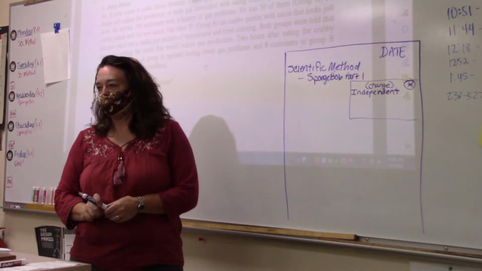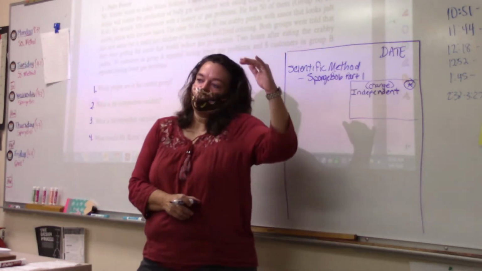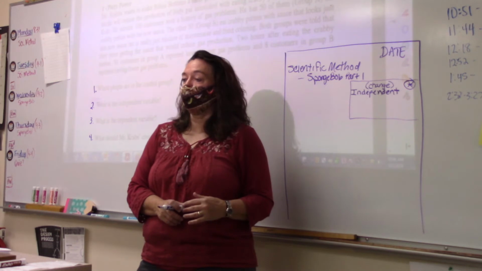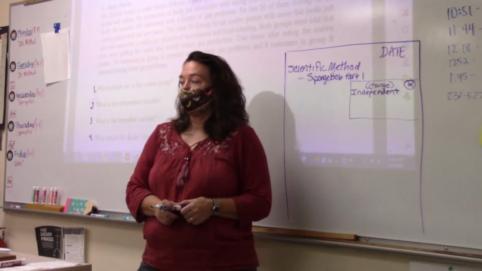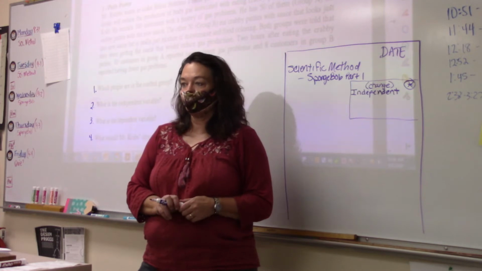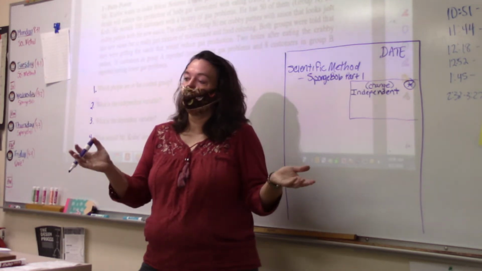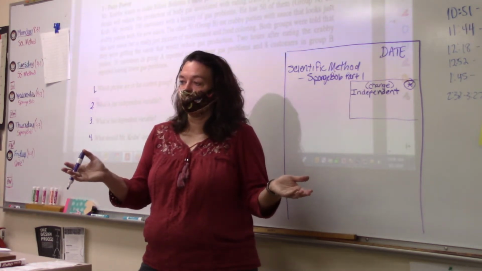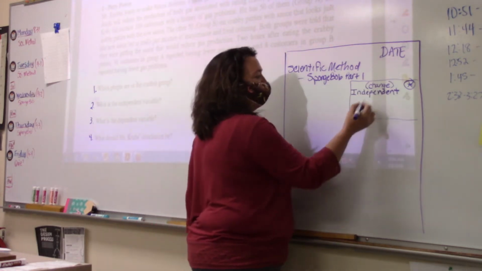Okay, so when we have an experiment that's set up well, we are only changing one variable at a time so that we can keep good control on our experiment, right? Didn't you learn that last year in Mr. Pettit's class? You don't throw in a bunch of changes all in one step, because you won't know which of the changes were the reason for the outcome. So your independent variable is the change.